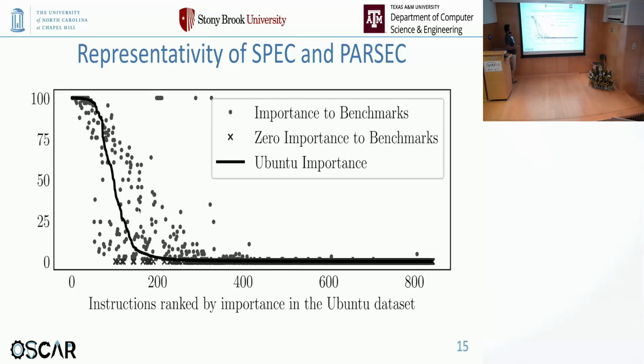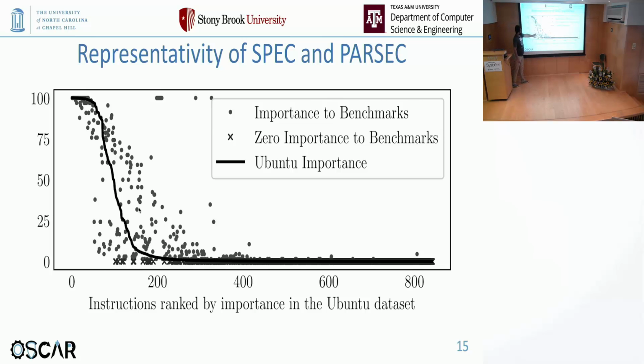So what we find is that the benchmarks tend to be overall decently representative. These are SPEC and PARSEC, if I forgot to mention. Although their ordering is all over the place. Any dots under the line are less important to the benchmarks than they are to Ubuntu, and vice versa.